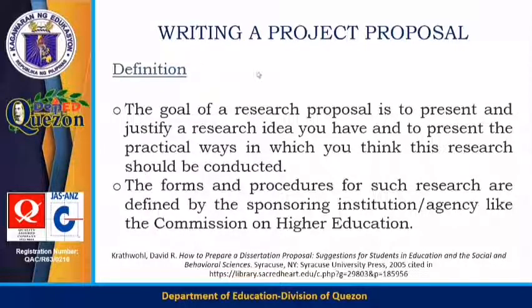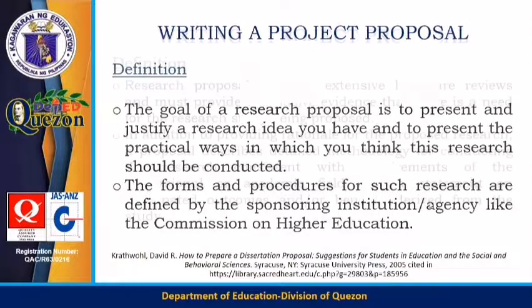Justify a research idea you have, and you can only make a justification of your research idea with the aid of your relevant readings. And that is the significance of reviewing literature and related studies.